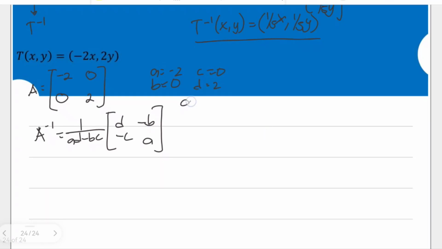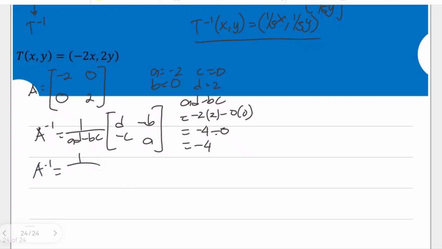So AD minus BC is our determinant. Let's check if it's not 0. Negative 2 times 2, 0 minus 0. So you have negative 4 minus 0. Our determinant is negative 4. It's a non-zero value, hence our inverse exists in this form.